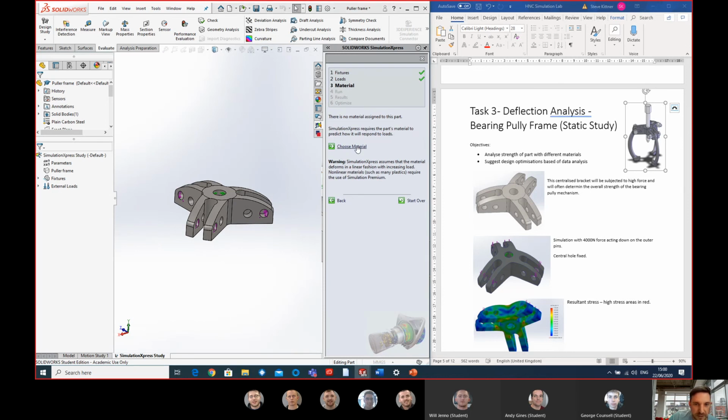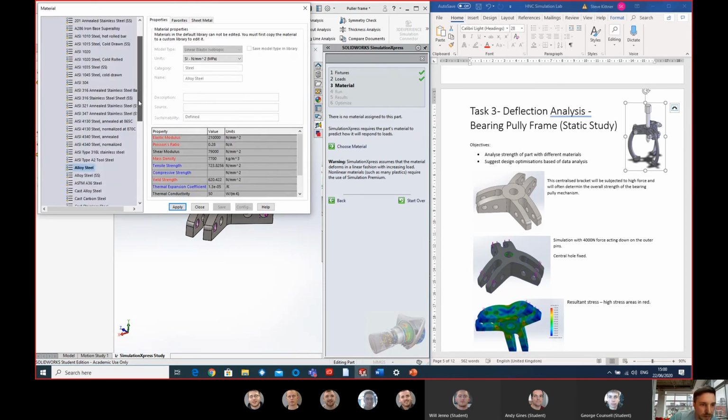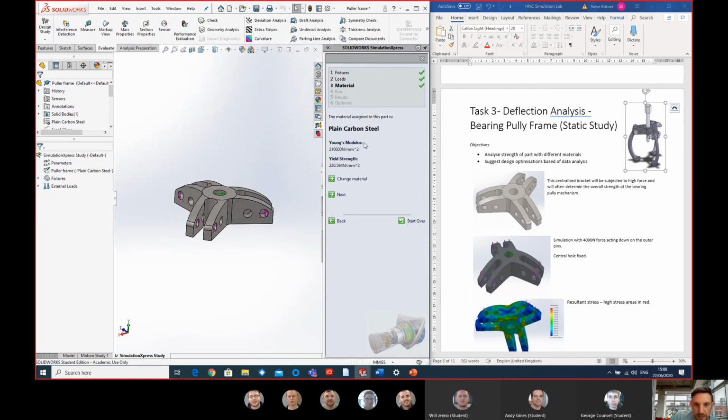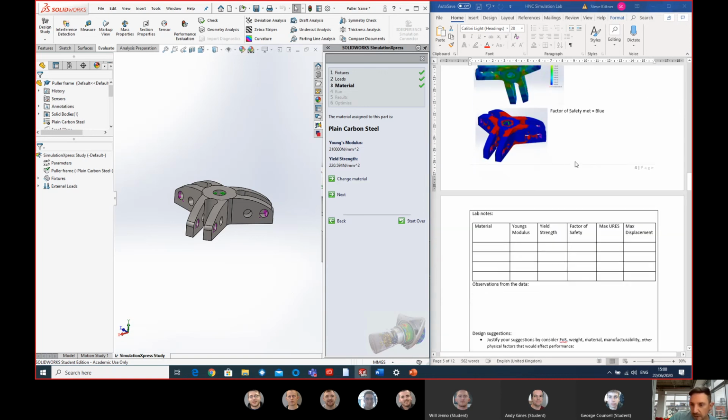And choose our material. So let's start with the plain carbon steel. Hit apply. So there's our Young's modulus and our yield strength.